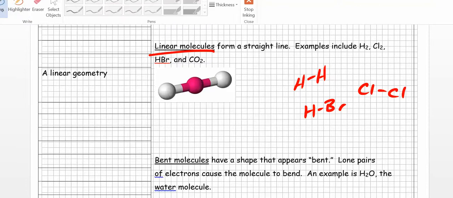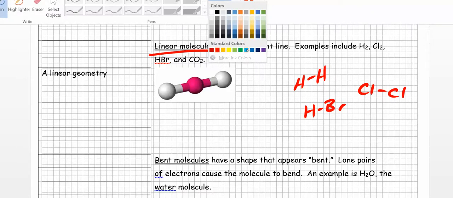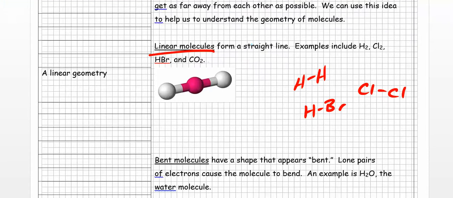Now, what about CO2? What about carbon dioxide? Well, for carbon dioxide, we've got 3 atoms. I'll put a carbon right there, an oxygen here, an oxygen right there. As it turns out, there's a double bond here and a double bond here. We won't worry about that just yet. But the point is that the electron density on the left and the electron density on the right are going to try to push as far away from each other as possible.